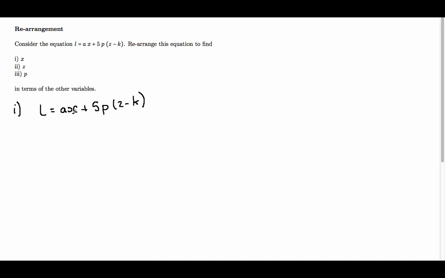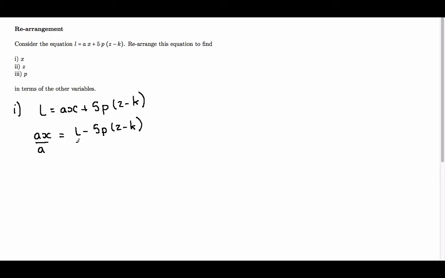So the first thing we need to rearrange for is AX. So I'm going to take this 5p times z minus k over to the other side. So AX is L minus 5p times z minus k. And now to get x on its own, I need to divide it by a.